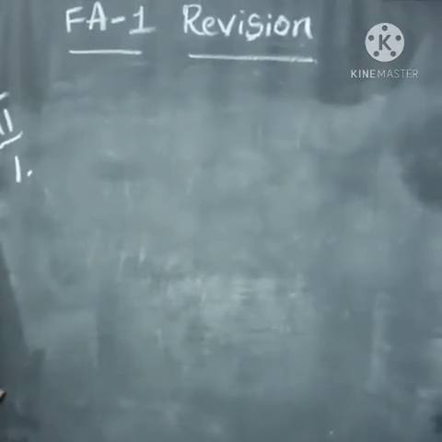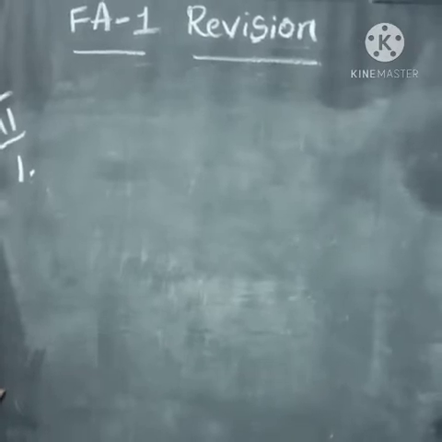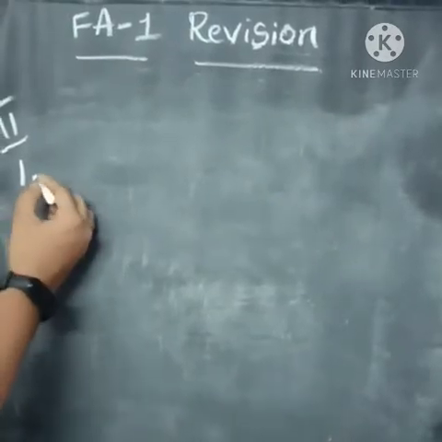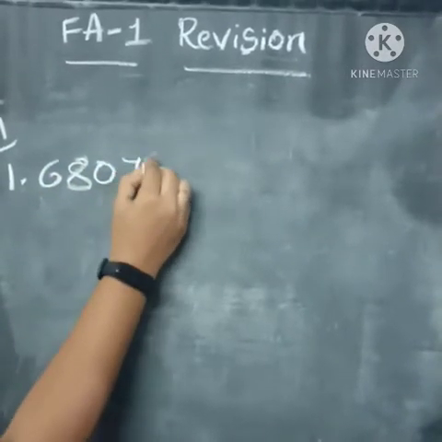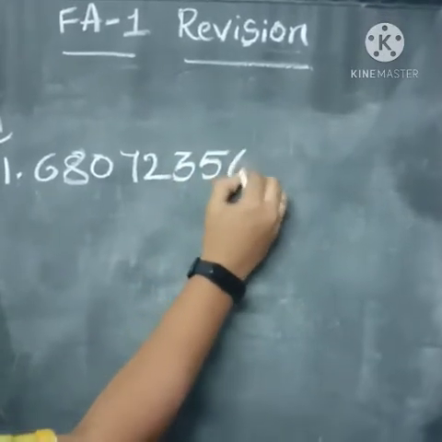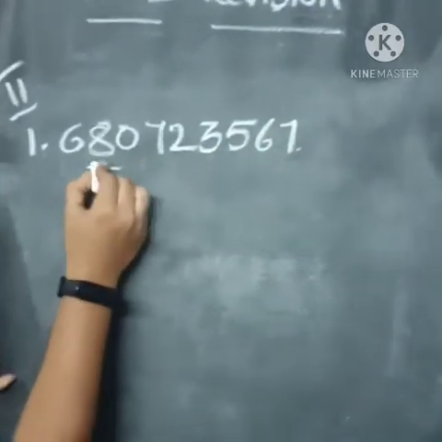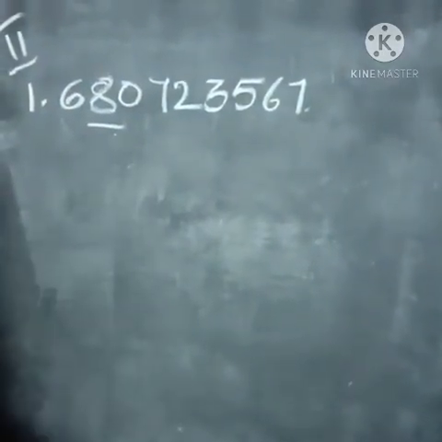See in your textbook page number 81, Roman number 4. Here see, find the place values of the underlined digit. Now see the first one. The underline is in 8. See here. Tell the value of 8.